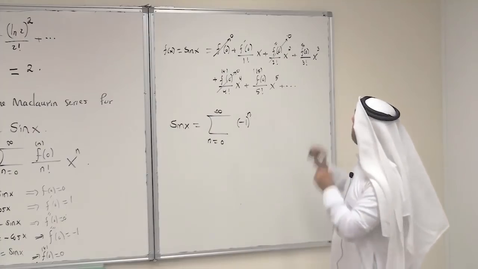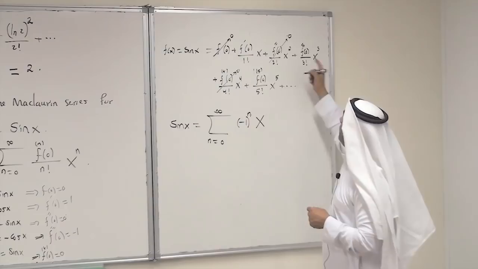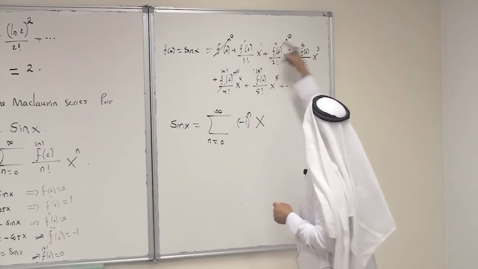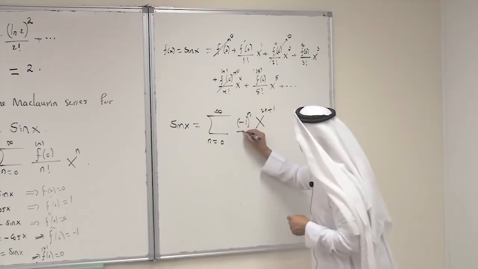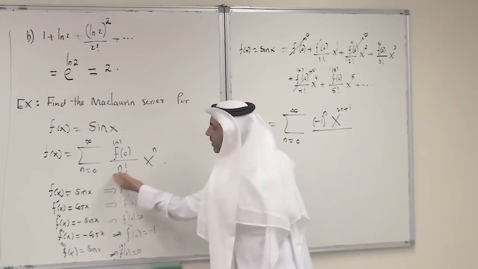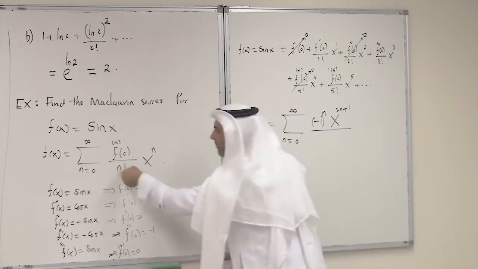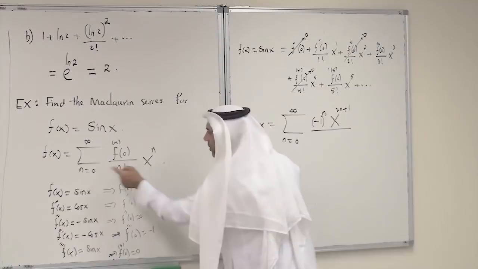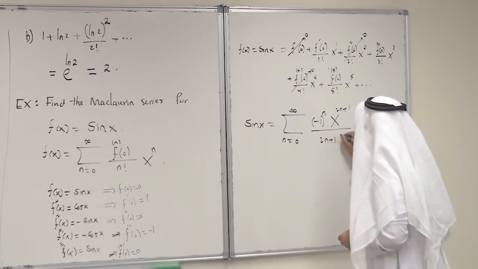But the exponents of x only have odd numbers, so it is x to the power 2n plus 1. For the even terms, everything will be 0, but for the odd terms, we have here divided by 2n plus 1 factorial.